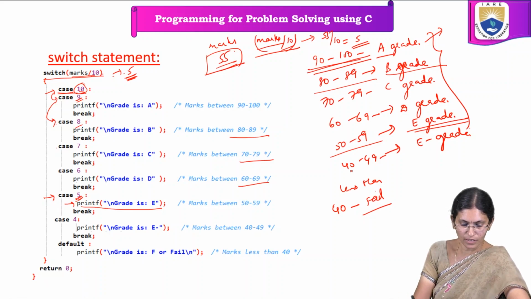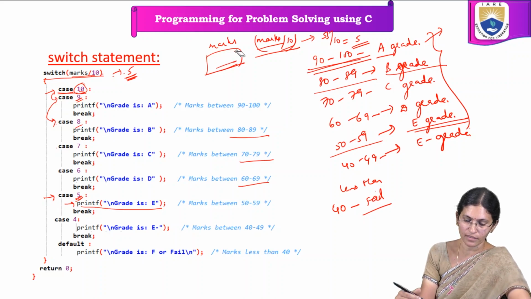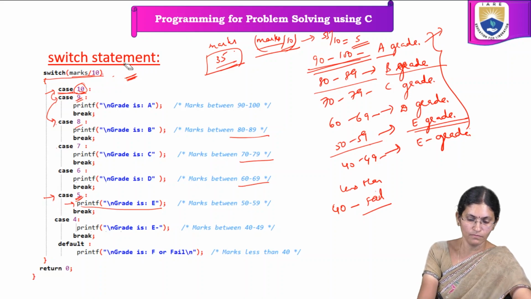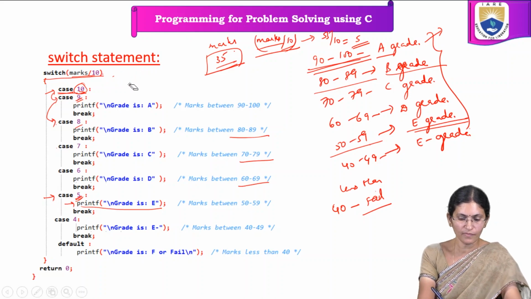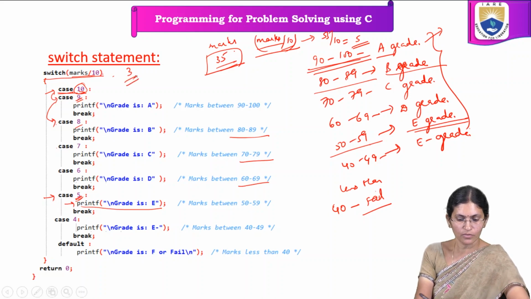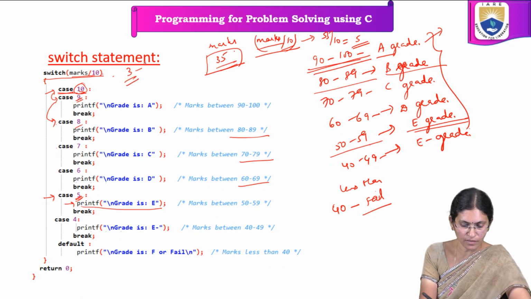So consider one more case. Suppose the user is entering 35. User is entering 35 here. 35 divided by 10 is 3. So here the expression value is 3. Now this expression value will be checked against each of the case labels.